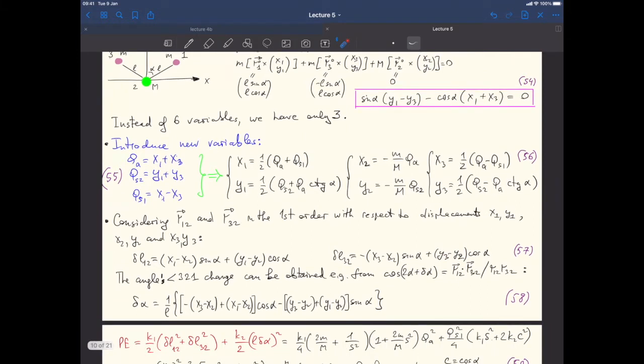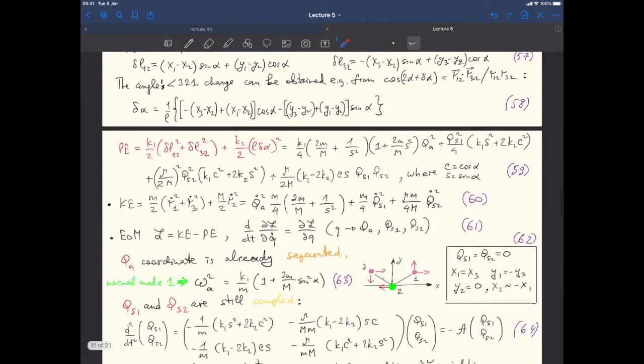So you will have a problem for that to solve, but I will just give you the final result: these elongations, DL12 and DL32, considering this displacement being very small, remember we are within the harmonic picture, are given by these two expressions, and the change of the angle alpha is given here. Okay, so it's a good exercise to actually try to show this.